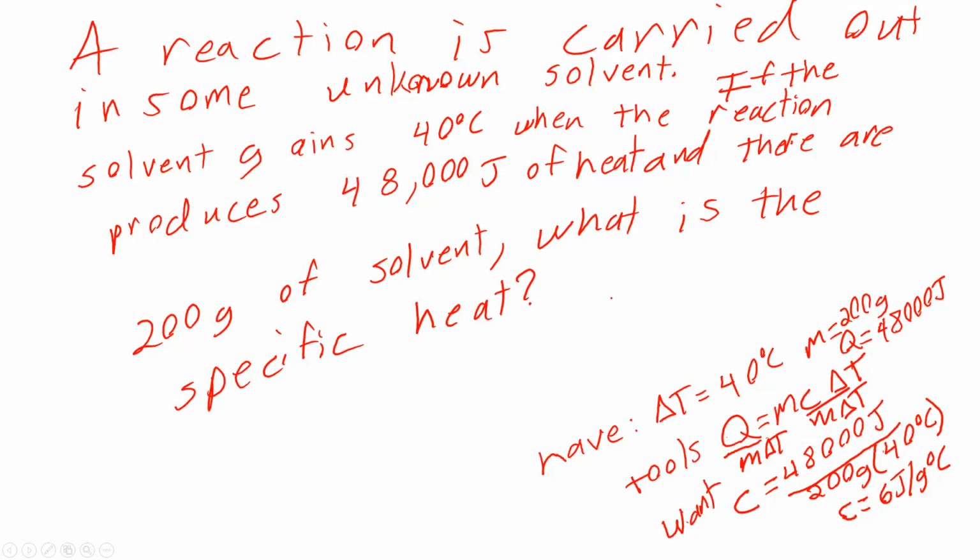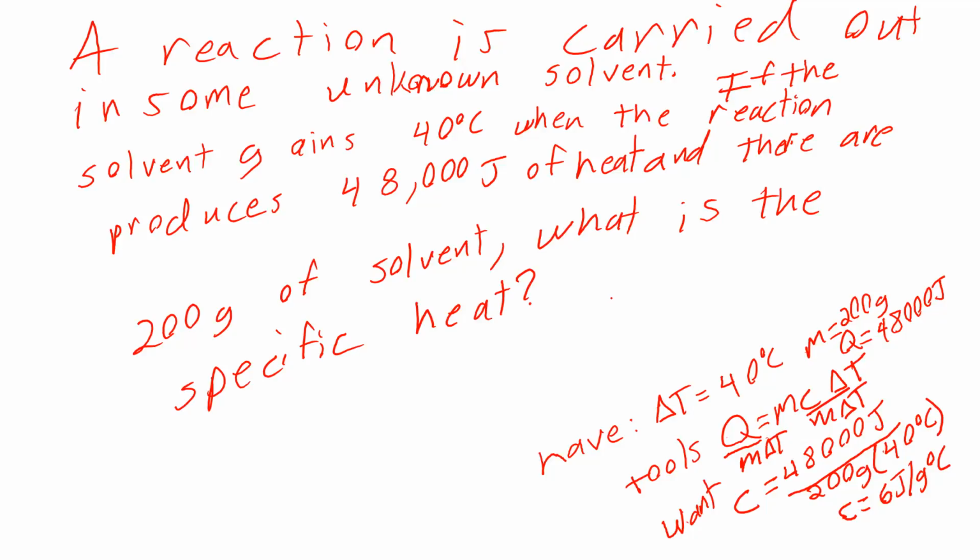Now I told you before that water, as far as I know, has the highest specific heat of any substance on Earth. And so what we would be dealing with is a solvent that is completely unknown, because that would be a higher specific heat than what you get from water. So now we've done problems where we've calculated everything except the mass.